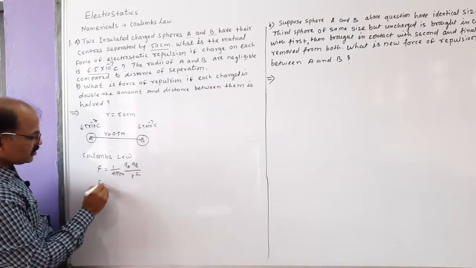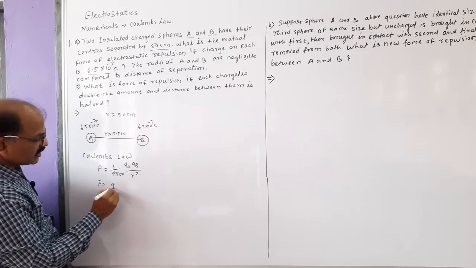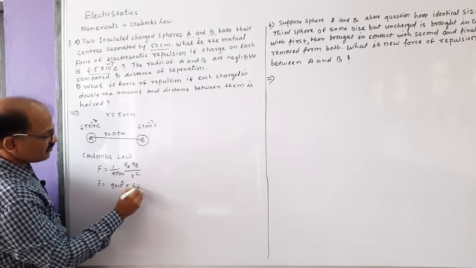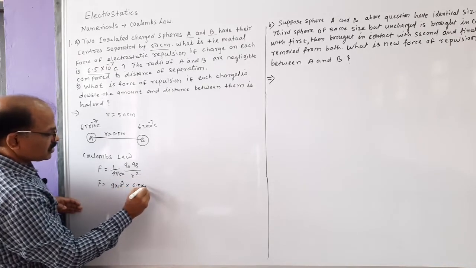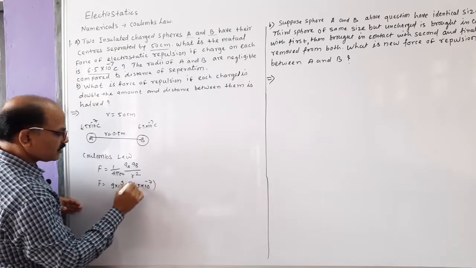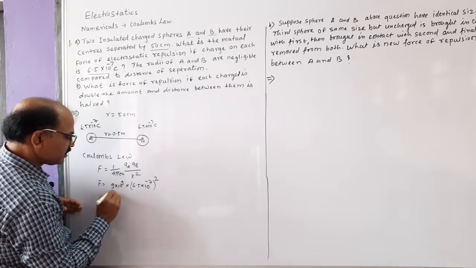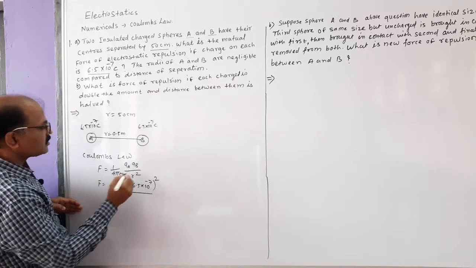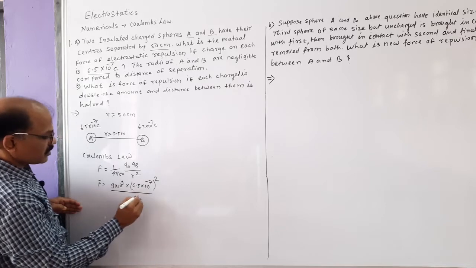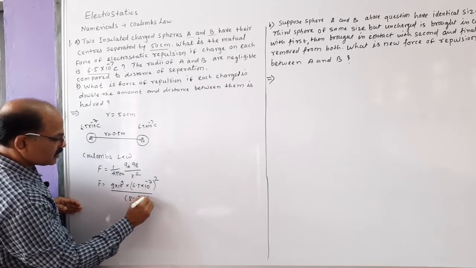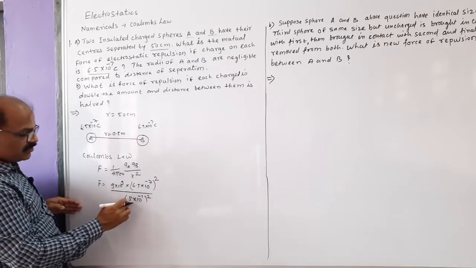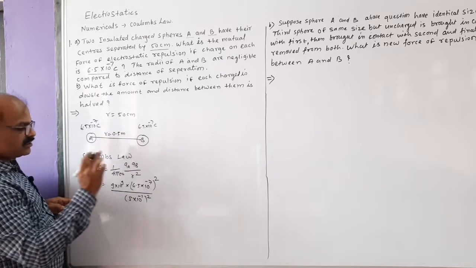So this F is equal to, substitute this value, this is 9 into 10 raised to 9, first charge 6.5 into 10 raised to minus 7, second is also the same, so we can square it, divided by r square which is 5 into 10 raised to minus 1 square. We can write this r is equal to 0.5 in the form 5 into 10 raised to minus 1 square.